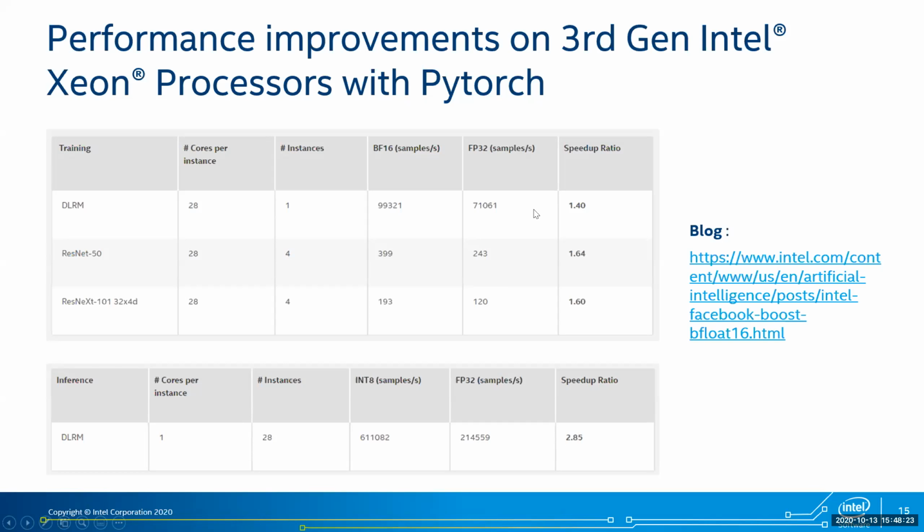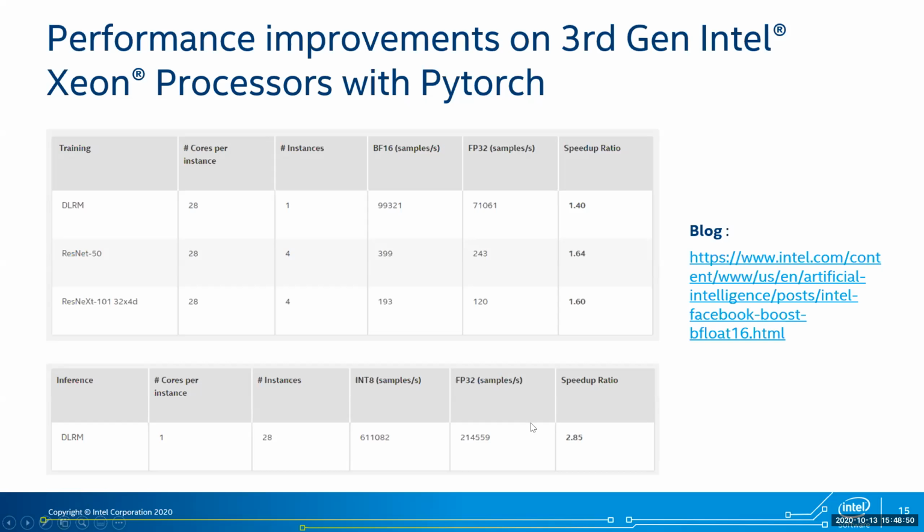The speed up ratio is in the fifth column, and among three different models, for training, we have a speed up from 1.4 to 1.6. So it's on the same machine, but using a different data type.